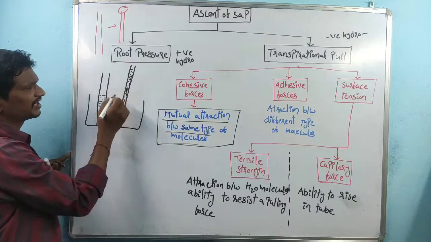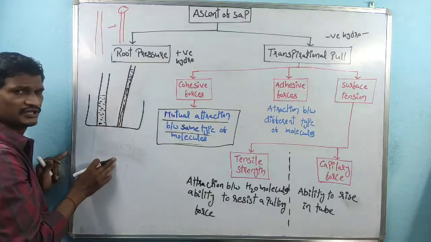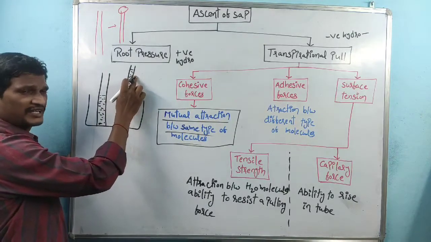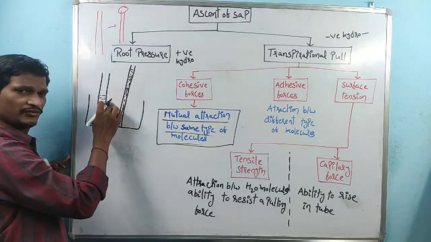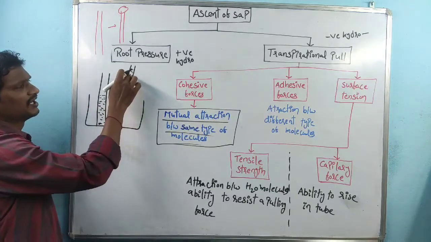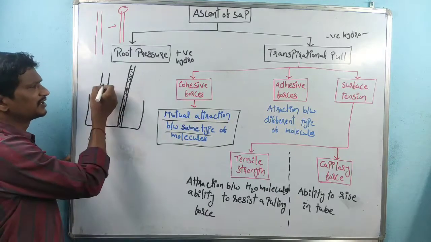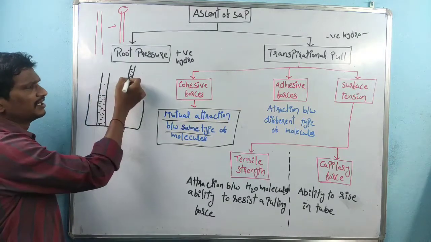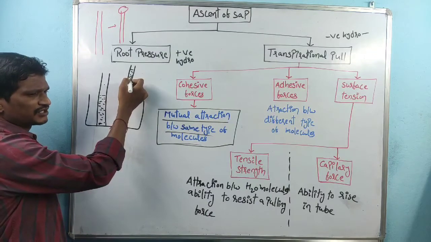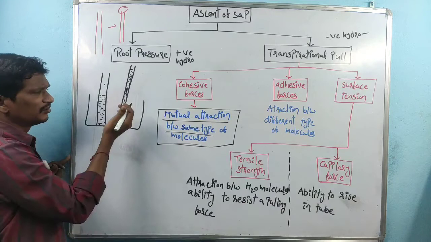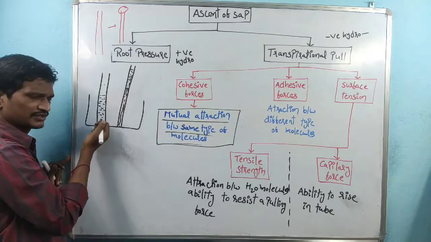If the diameter is very small, the water molecules move higher than in the first one. Very simple: if the diameter is more, the water absorption capacity, or capillary action, is less.